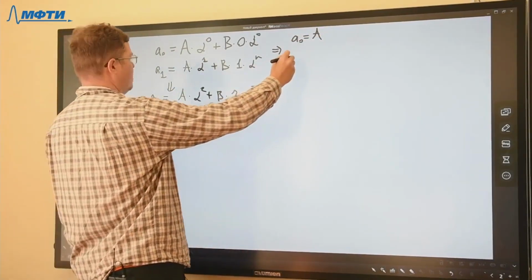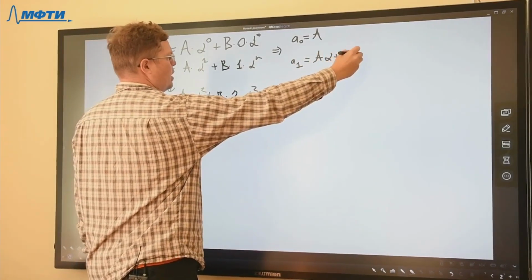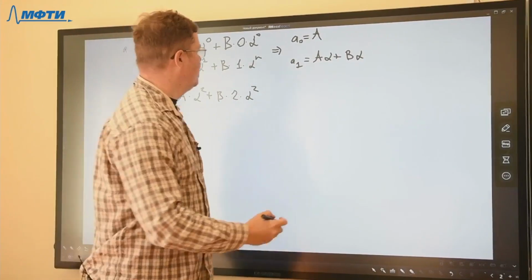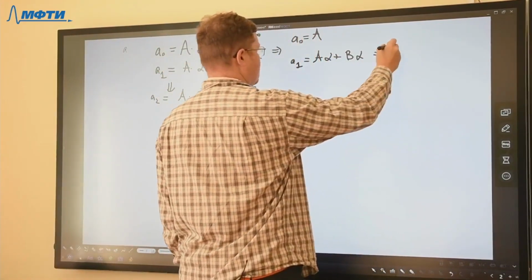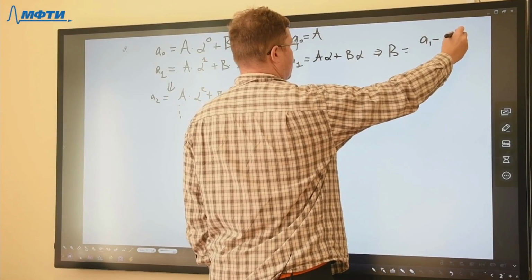And a1 should be a alpha plus b alpha. So I take b as a1 minus a0 alpha over alpha, or a1 over alpha minus a0. So I can just find a and b. a is equal to a0 and b is equal to a1 over alpha minus a0. And if I find this relation for the first two elements of my sequence, then it holds for all the others.